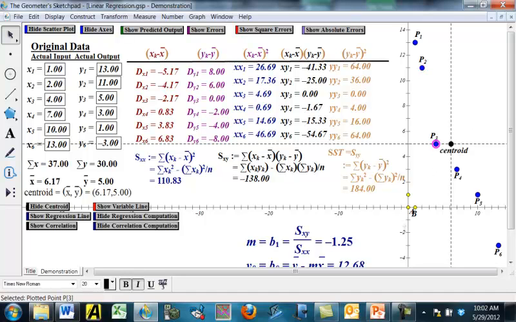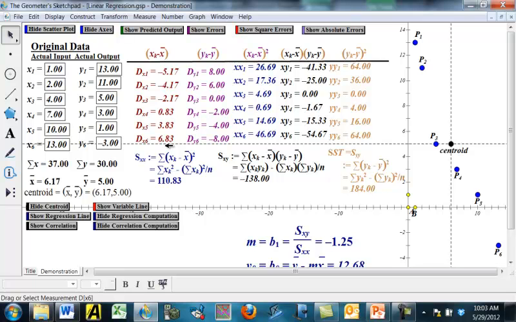And how do we find point 3? Well, we do 4 minus 6.17, which is negative 2.17, so it's 2.17 to the left of here. These other points turn out to be to the right of the x bar, right of this vertical line, and this is how much they are to the right. So those are the xk minus x bars.